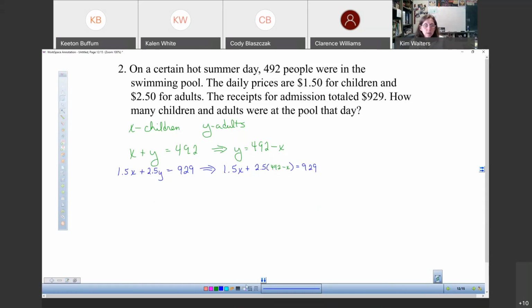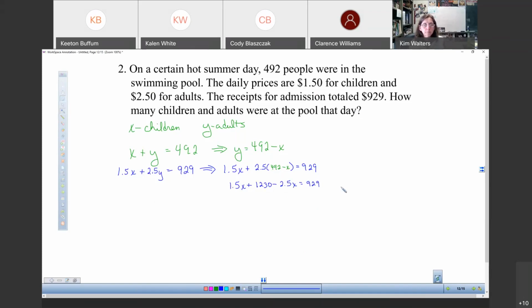And so now as I multiply this through and simplify it, I have 1.5x plus, I told y'all 2 weeks ago, I don't like decimals, so we're going to pull out the handy dandy calculator to multiply this. 1,230 minus 2.5x is equal to 929.